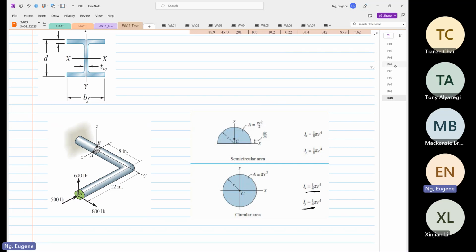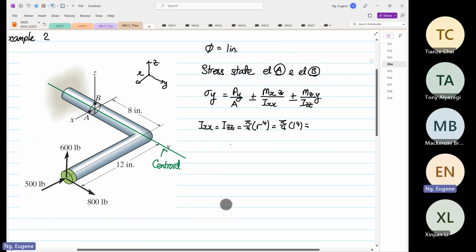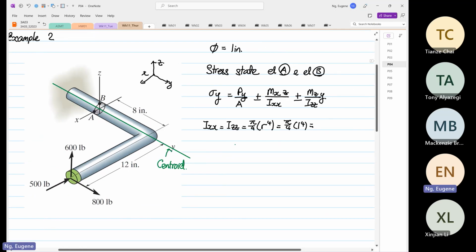It's equal to pi over 4 r to the power 4. So pi over 4 multiplied by the radius to the power 4. For our case, this is equal to pi over 4 times 1 to the power 4, right? So pi divided by 4 is 0.785 inches to the power 4.